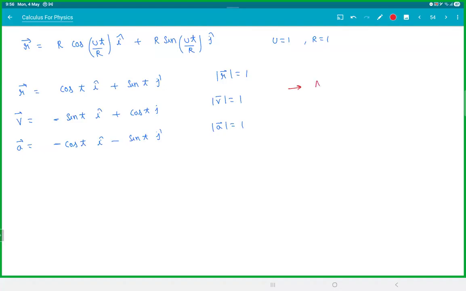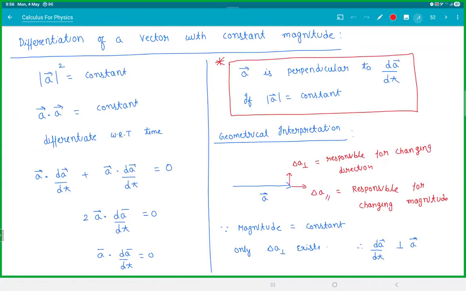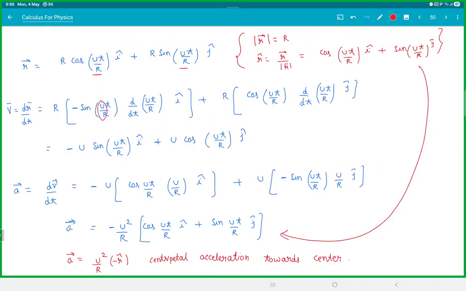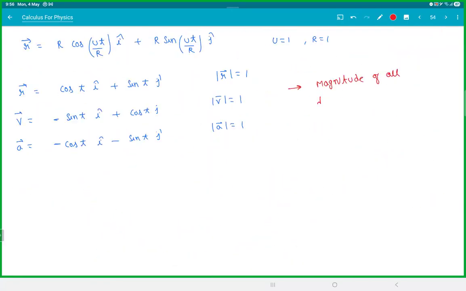First thing, the magnitude of all differentials is 1, easy by keeping u and r equal to 1. Second thing, they rotate by 90 degrees every time we differentiate.